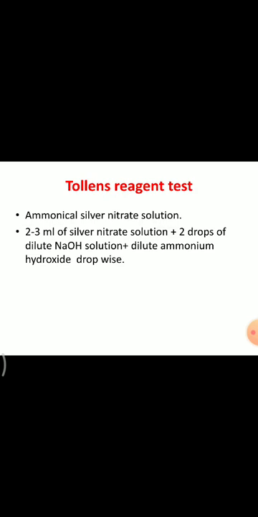Then we add a pinch of the compound and just warm on the water bath. Then the silver mirror is formed. That means the silver coating appears on the walls of the test tube. We can easily identify this formation of silver mirror, which indicates the presence of an aldehyde group.